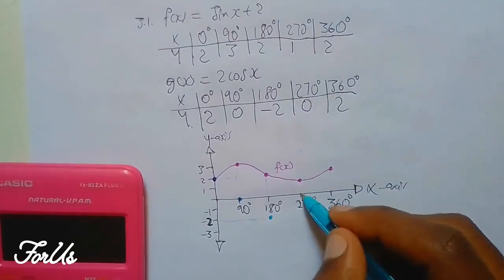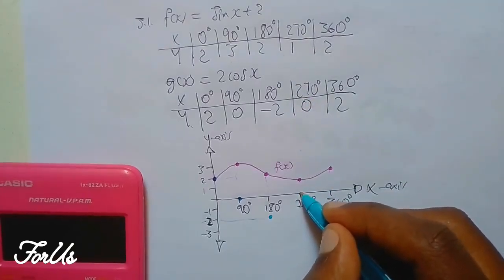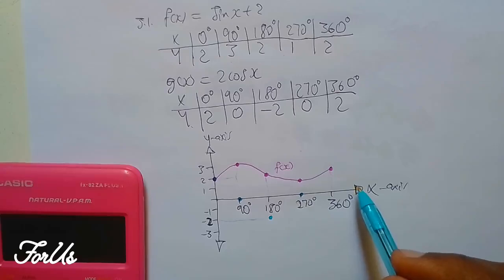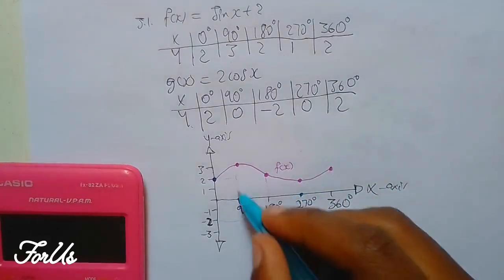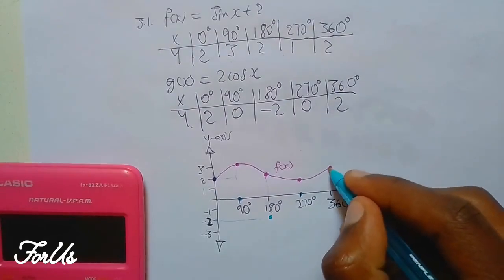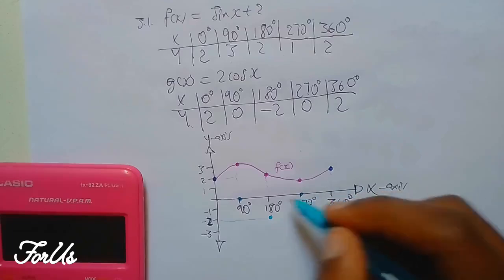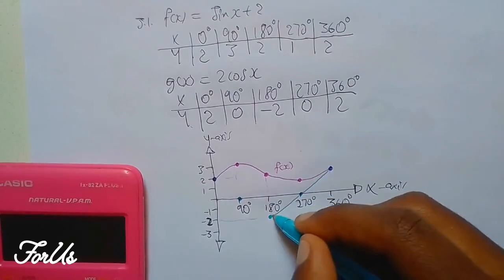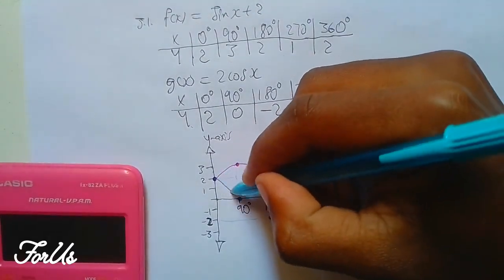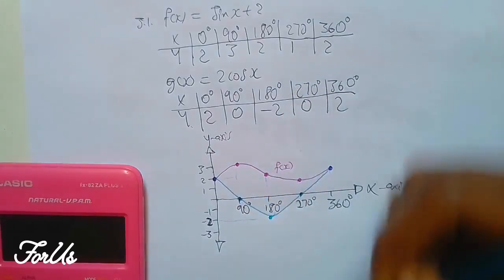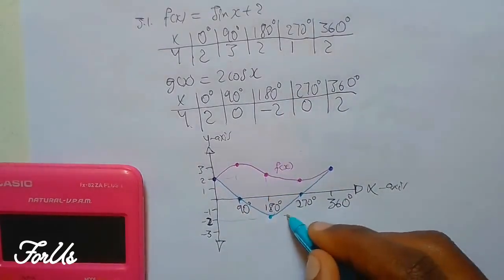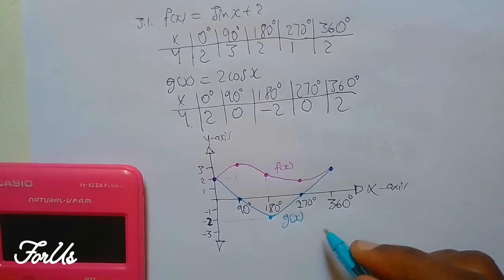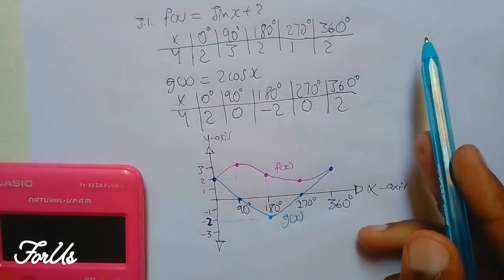Then 270 is 0 on the y-axis. Now you have 360 degrees goes with 2, which is here too. Then you can just fill in the curve so that it's clearly visible. Something like this. As you can see, we have the graph of g of x. We have answered 3.1.